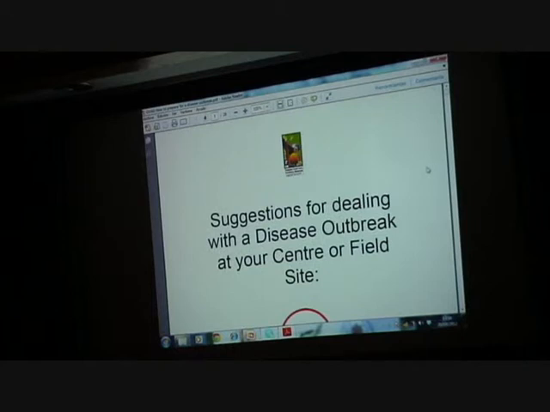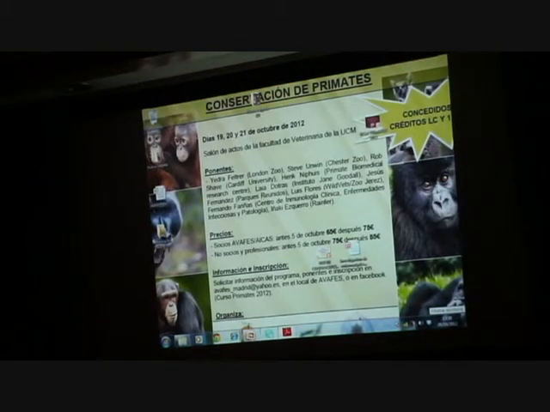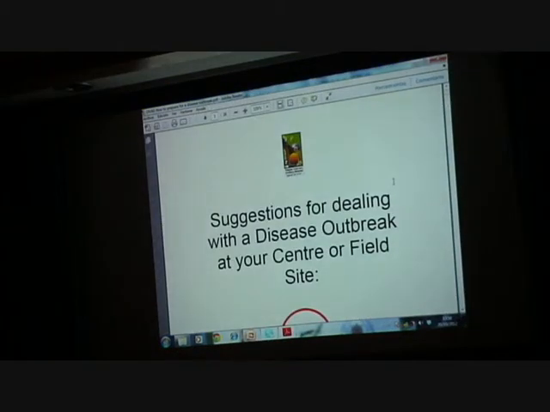So, remember I mentioned the CBSG, and they have all this protocol book on how to deal with disease transmission in wildlife. This is a practical application of those protocols. And the group of us put it together for primate centres in Indonesia.